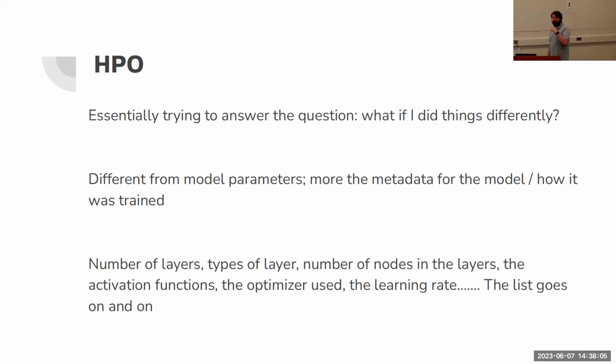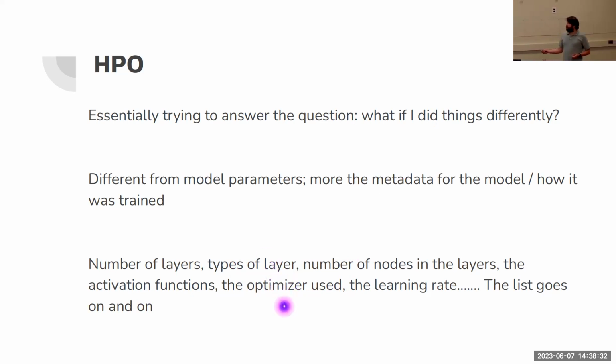What if I would have not used 2 layers, but 3, or 1, or 28 nodes instead of 16, or whatever that happens to be? But then you also have other things, like maybe somebody used stochastic gradient descent. That's not Adam. That can affect how you're traversing that error surface.